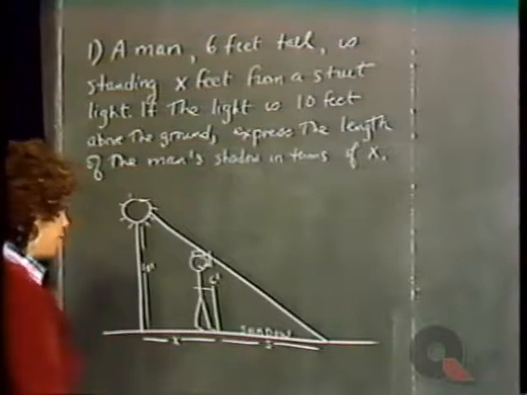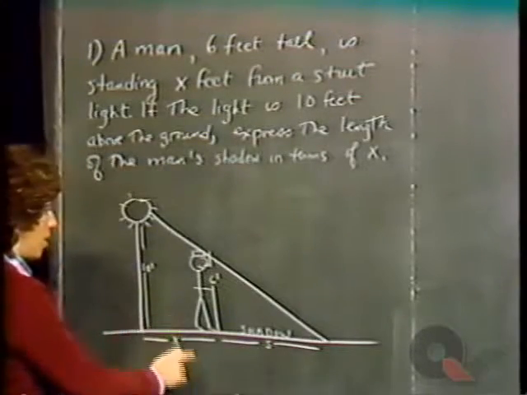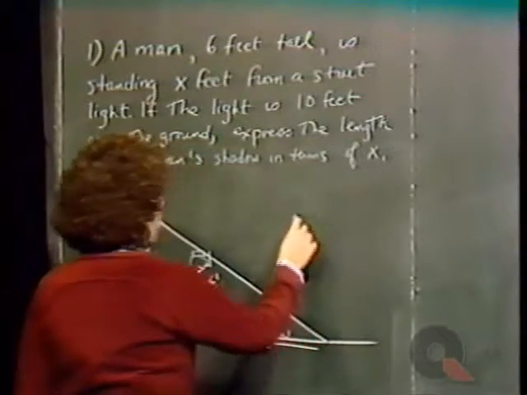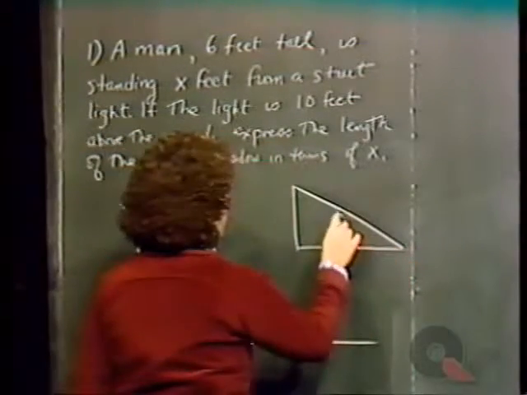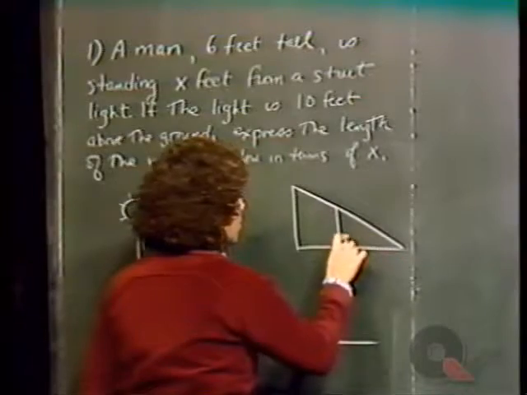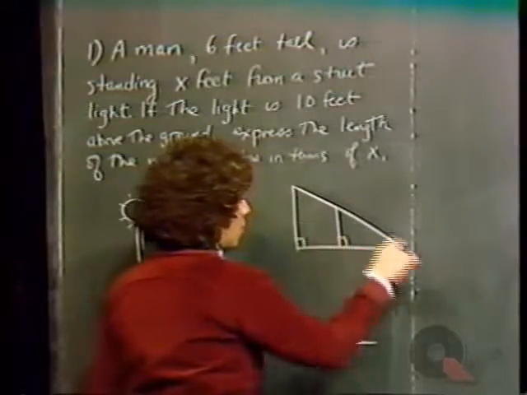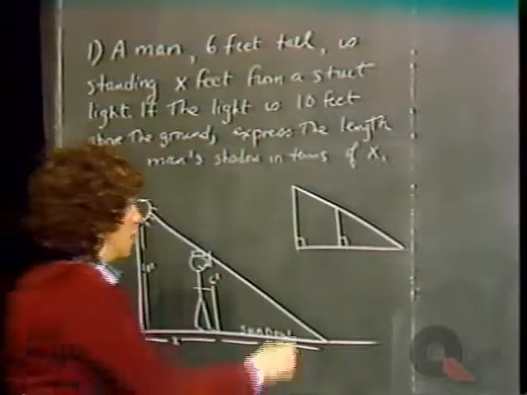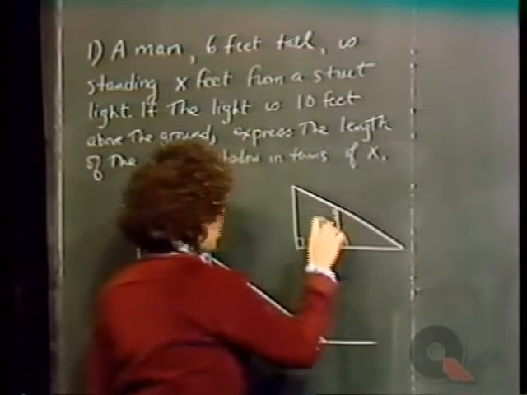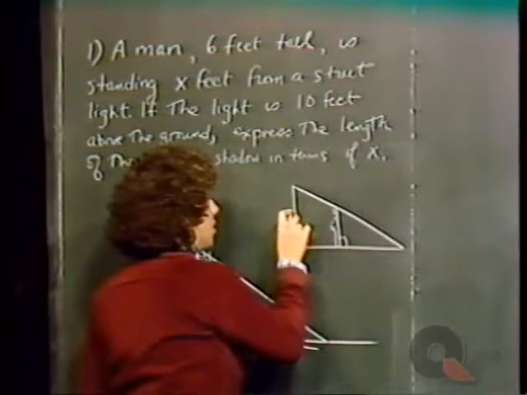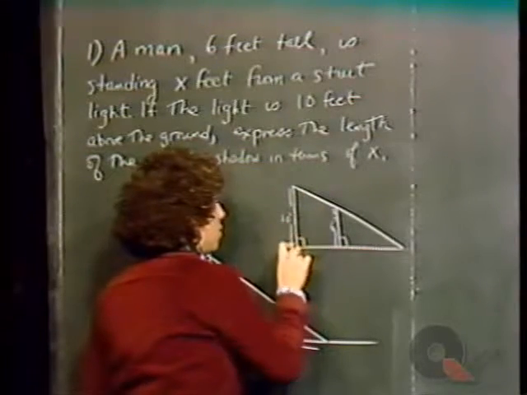Okay, now what we have here is a situation like so. We really have two right triangles, a larger one and a smaller one. This is the man, 6 feet tall, the street light, 10 feet above the ground.